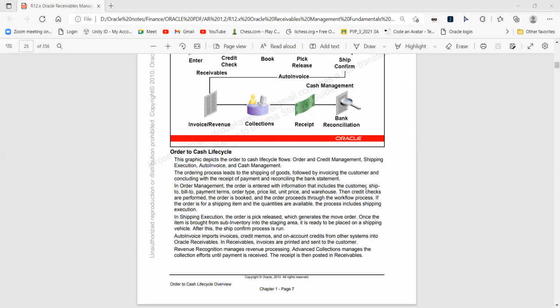It starts with shipping of goods followed by invoicing of the customer. First you ship the goods, then you give an invoice. As an example I quoted, I told first we'll issue invoice, correct? But here it says first they will ship the goods, then invoice the customer. That means they missed one.